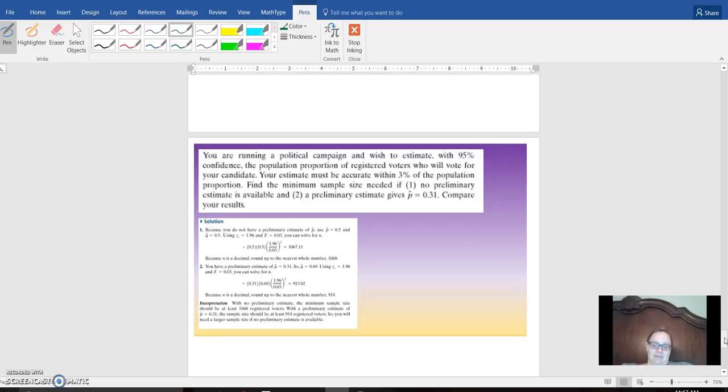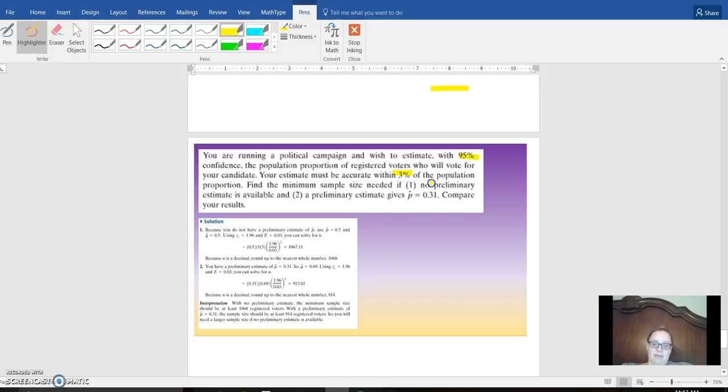All right, and this is: you're running a political campaign and you want to be 95% confident of those people who are going to vote for your candidate. And you want to be accurate within 3 percentage points.